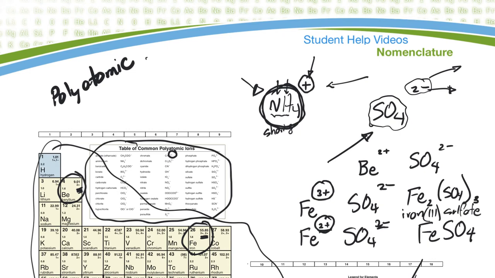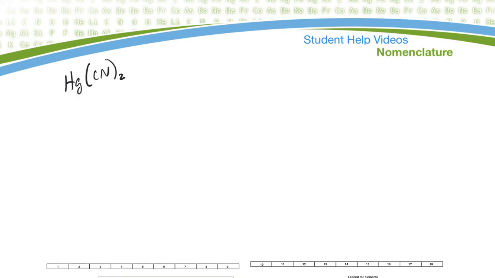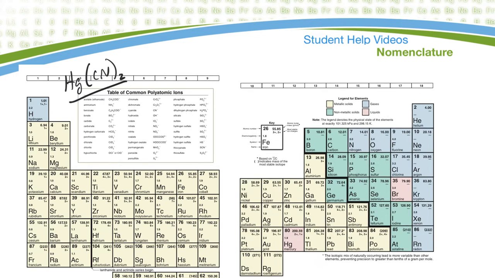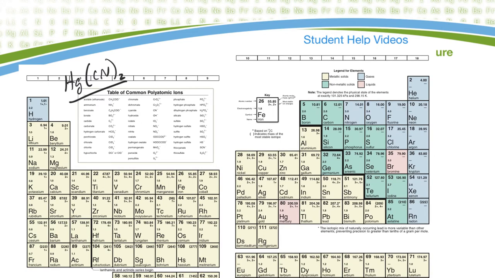Now, another question related to that is for something like this, mercury cyanide. Let me just check mercury to make sure, because sometimes those charges indicated are incorrect. Where's mercury? Oh, right there. So mercury can be a 2 plus or a 1 plus. I'm looking at that pink one.